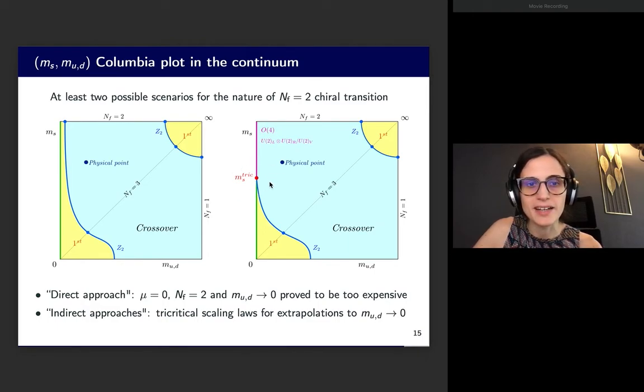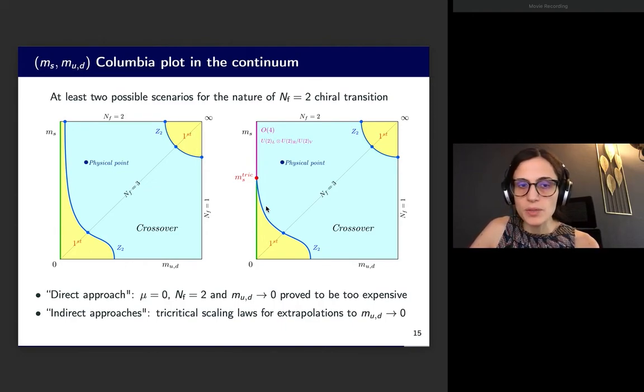So in particular, in the case that the second order scenario is realized, you see that in the chiral limit we have a line of triple points, at the coexistence of 3 different states for the chiral condensate, that terminates into this red dot, corresponding to what we call a tricritical point or phase transition, which is also the meeting point of 2 second order boundaries, in this case belonging also to different universality classes.